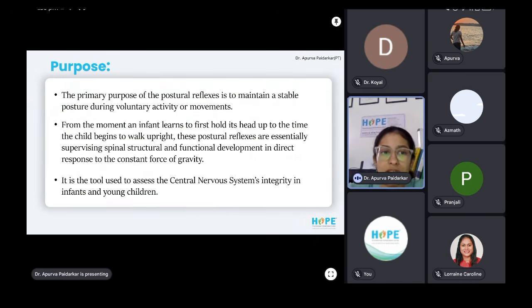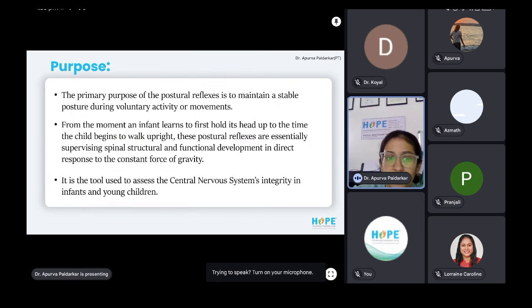So what is the purpose? The primary purpose of the postural reflex is to maintain stable posture during voluntary activity or movements. From the moment an infant learns to first hold their head up to the time the child begins to walk upright, these postural reflexes are essentially supervising spinal structure and functional development in direct response to the constant force of gravity.